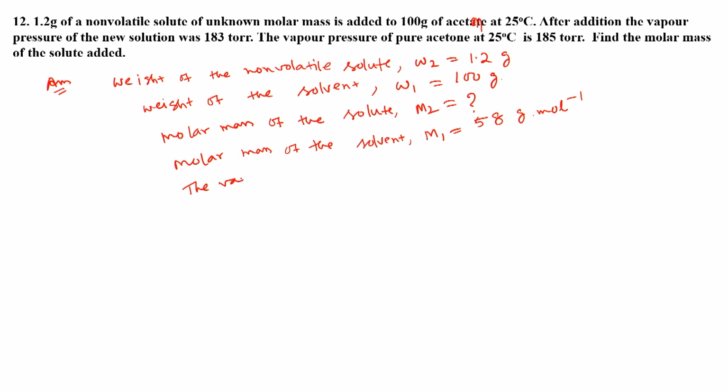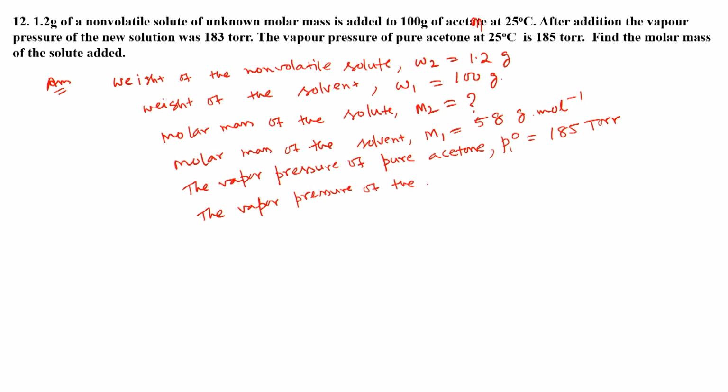The vapor pressure of pure acetone, P1 naught, is 185 torr, and the vapor pressure of the solution is also given. The vapor pressure of the solution, P1, is 183 torr.